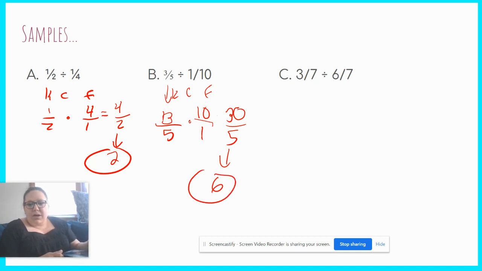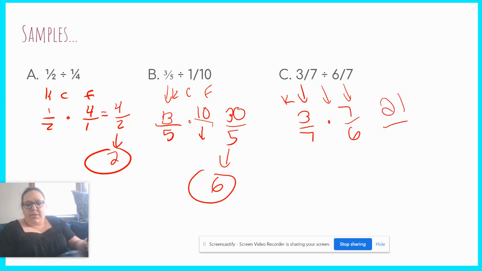And then down over here, we have 3/7 divided by 6/7. 3/7 stays the same. That's our keep. Division becomes multiplication. 6/7 becomes 7 over 6 when you flip it. 3 times 7 is 21. 7 times 6 is 42.